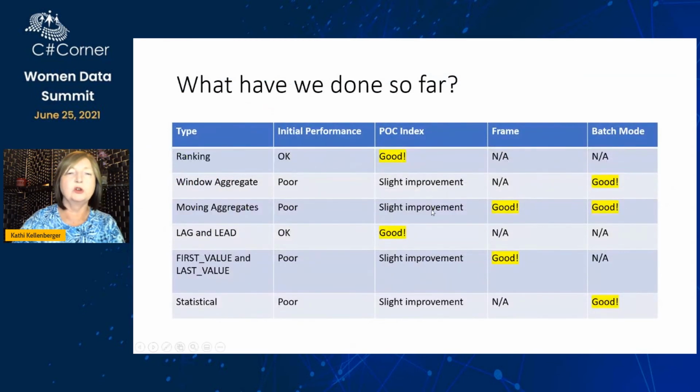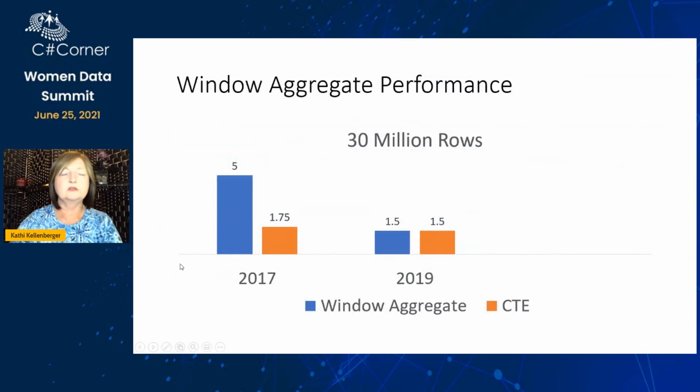what I want to show you is some of the timings that I did. I had a table with 30 million rows, and I did some timings. First, I compared a window aggregate to a common table expression, pre-aggregating and then just having a regular non-aggregate query in the outer query.